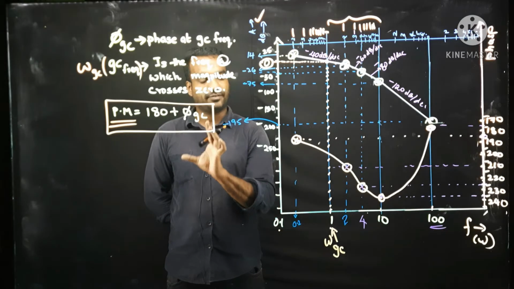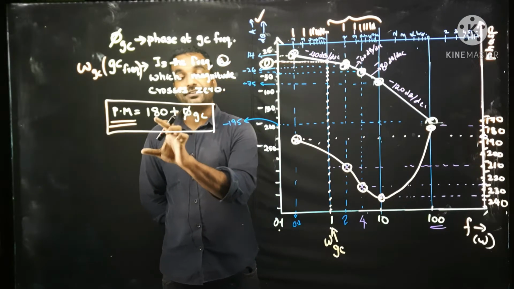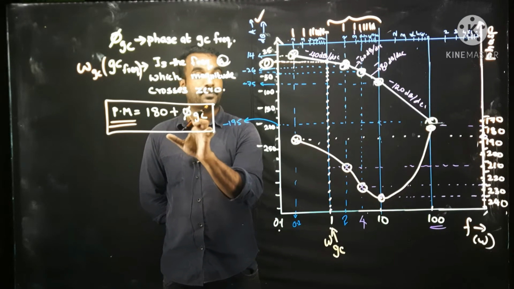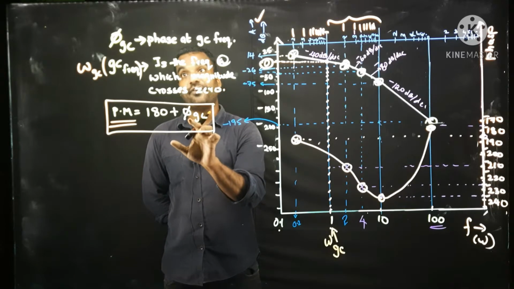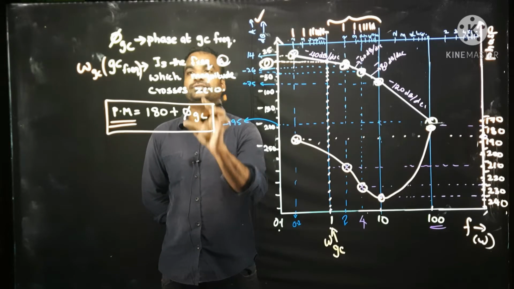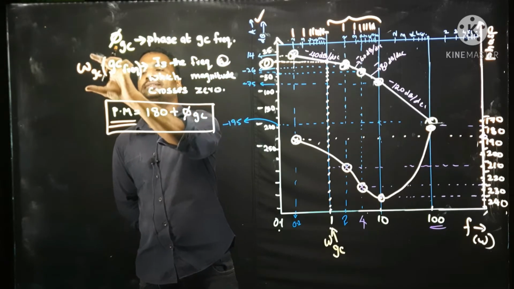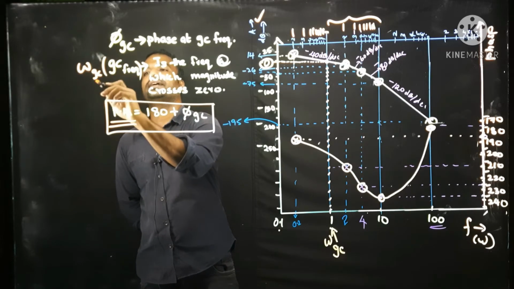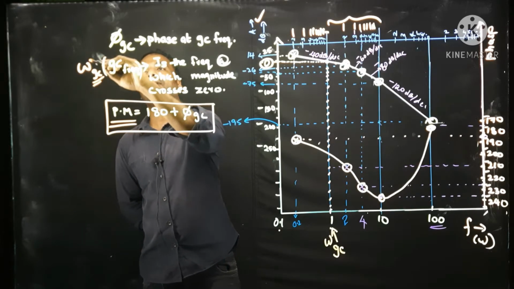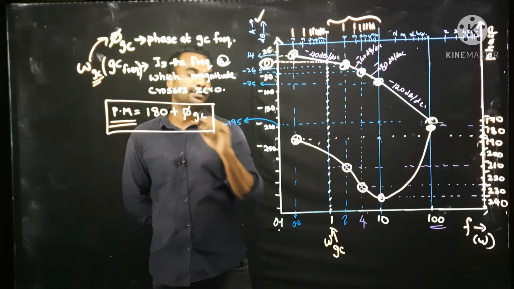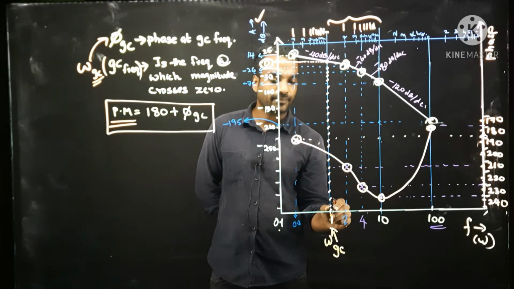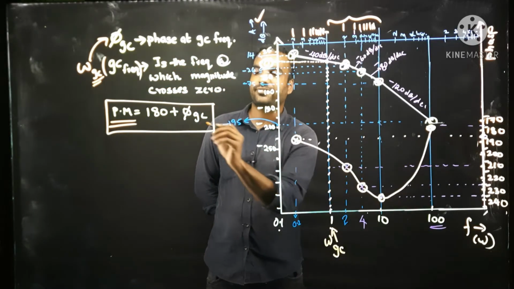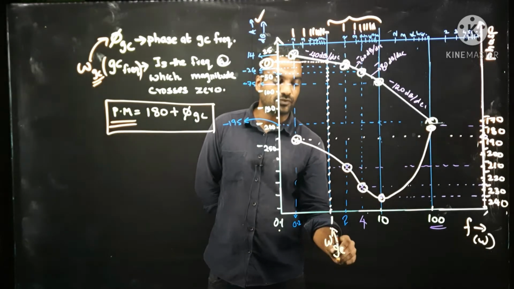Now what is phase margin? Phase margin is 180 plus the phase at gain crossover frequency. So we got only omega GC, the frequency at which gain crossover happens, but we want to find phi GC. Phi GC is the phase corresponding to gain crossover frequency.